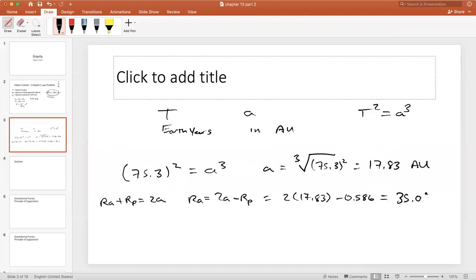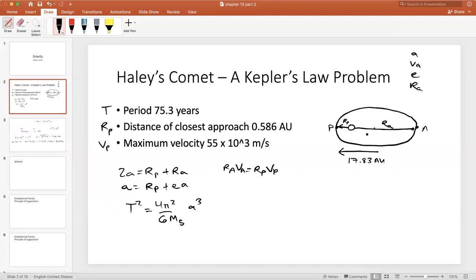So about 35.08 AU. Remember, you could turn this into meters if you wanted to, because 1 AU is equal to about 1.5 times 10 to the 11th meters. Halley's Comet at its furthest distance away, RA, is 35 AU.